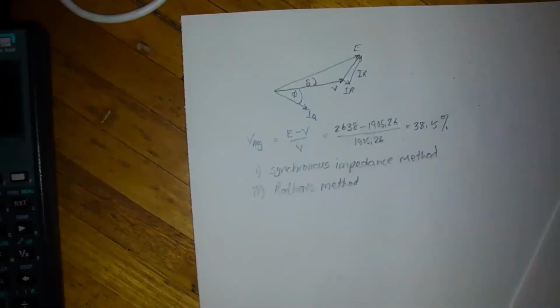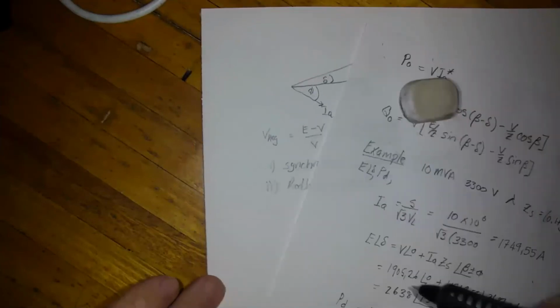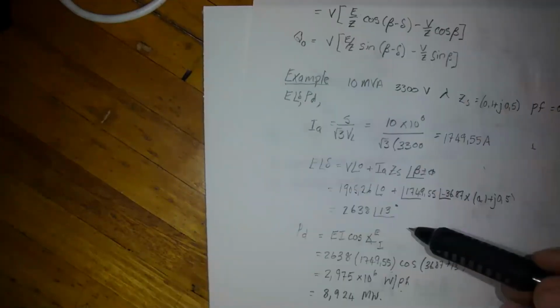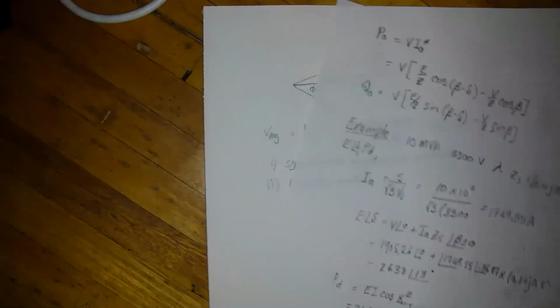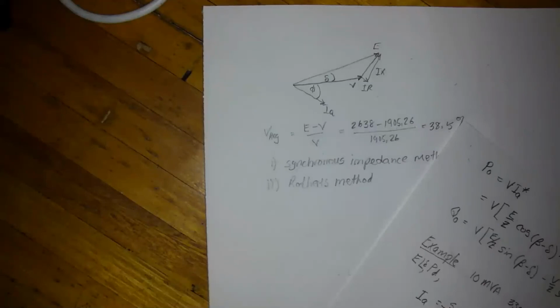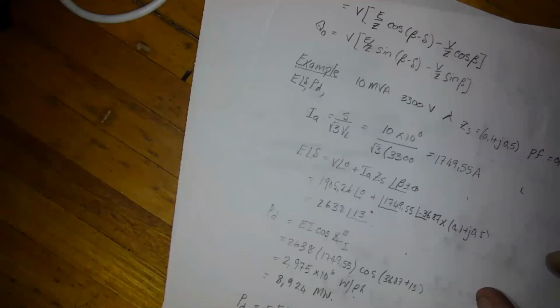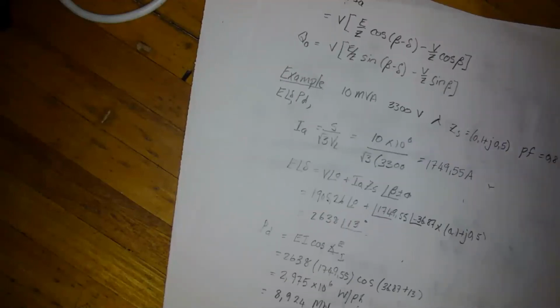For now, I think we're only going to do the synchronous impedance method. And that's the way that we do it. We calculate E first. Once we've got that, we can determine the voltage regulation. Okay, I'm going to stop the recording now.